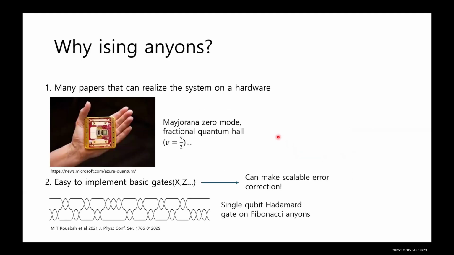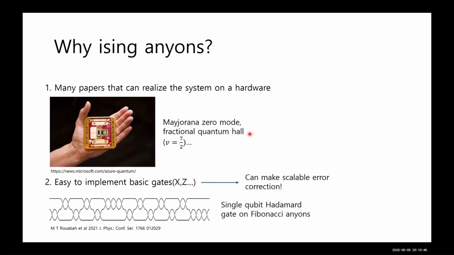So why use Anyons? Actually, the first reason is that there are so many papers that can realize the system on hardware. This is the chip from Microsoft. Actually, there is no proof that it is really using Anyons, but there are so many approaches, like Majorana zero mode or fractional quantum Hall.